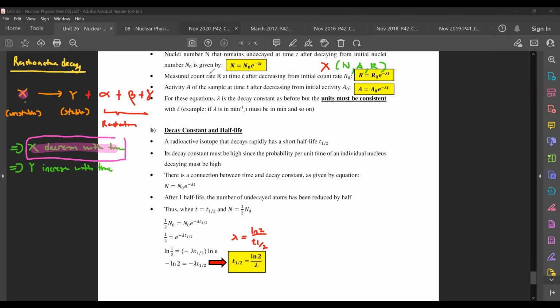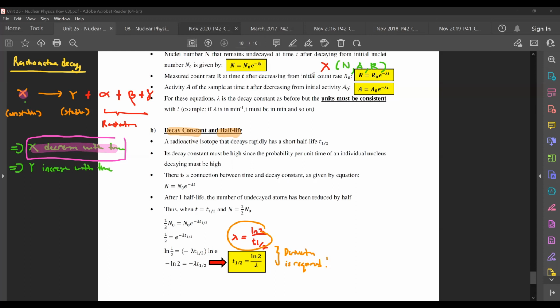There's an equation that you will always use that relates decay constant and half-life together. That one is actually this one. The derivation is required inside your syllabus. You need to remember how to derive it. So let's try and derive it now.